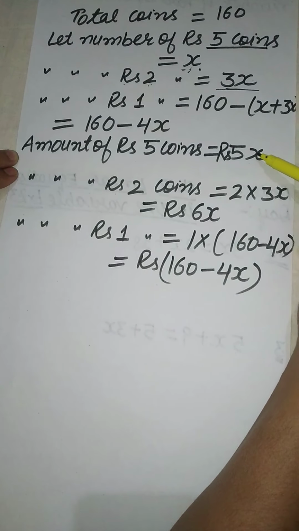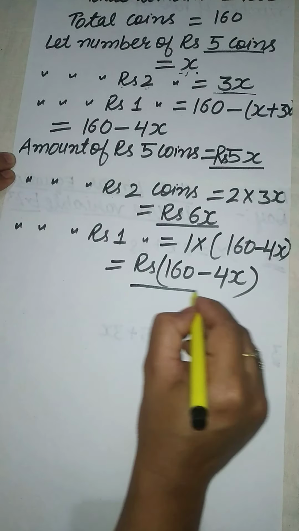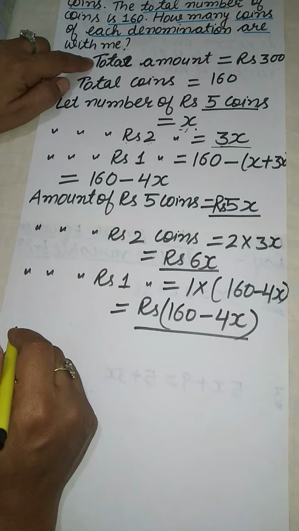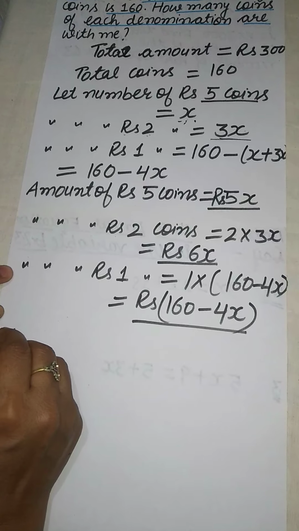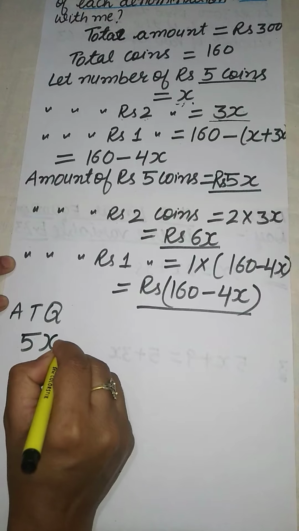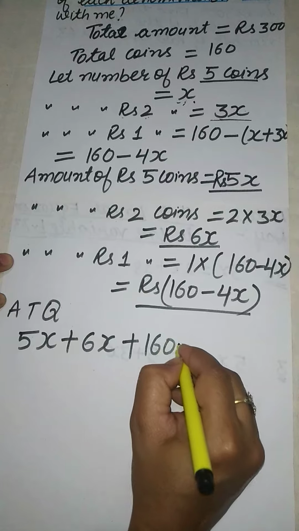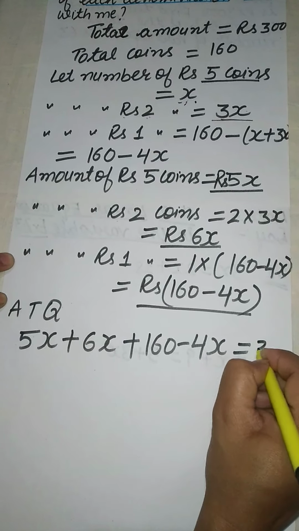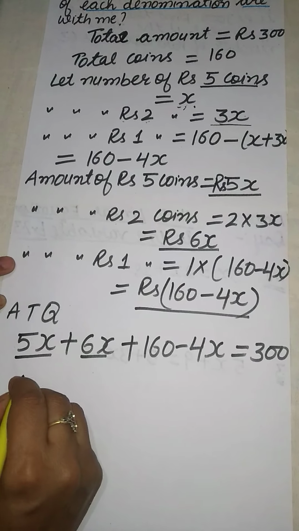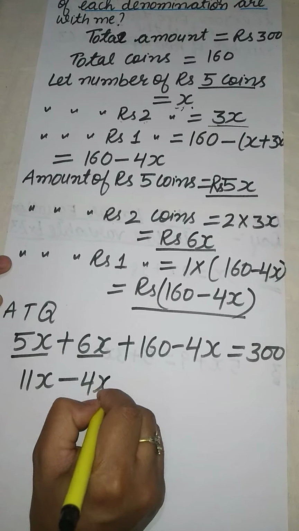Now the sum of the amounts of all three will be equal to 300, as the total amount is 300. So according to the question, 5x plus 6x plus 160 minus 4x is equal to 300. 5x plus 6x is 11x minus 4x.